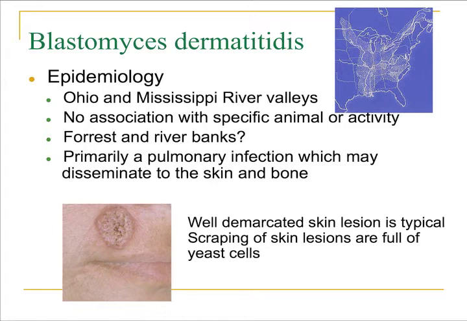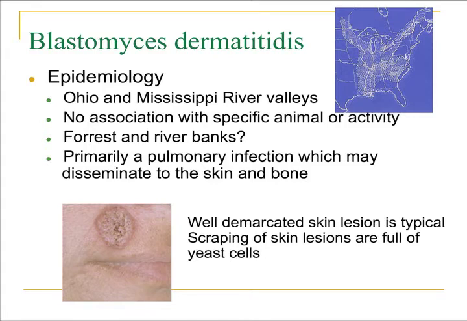Pictured on this slide is a well-demarcated skin lesion that is the typical skin lesion produced by Blastomyces dermatitidis. If you were to scrape this skin lesion, you would see that it is full of yeast cells, which can help you, of course, in the identification of this infection.